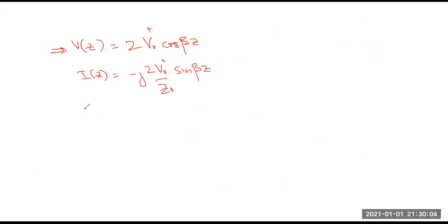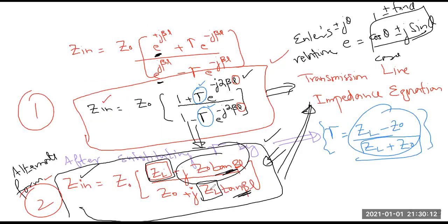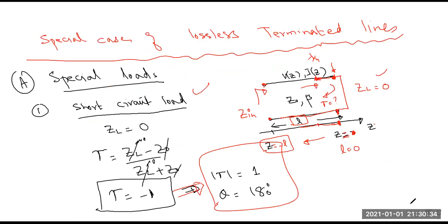Okay, and you can also find the input impedance. If ZL is equal to infinity, how much will Zin be? Going back to this equation that I was talking about, put ZL equal to infinity. Again, if you directly substitute ZL equal to infinity, you might come across infinity by infinity. So make sure that you resolve this uncertainty by making use of L'Hopital rule.